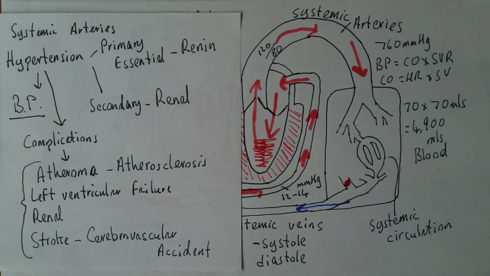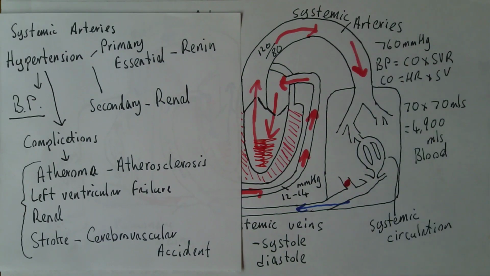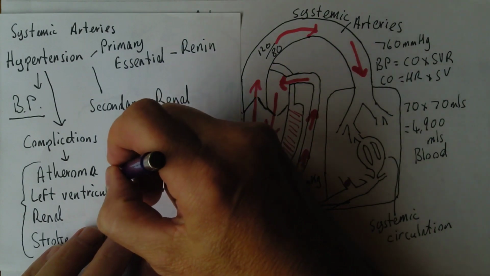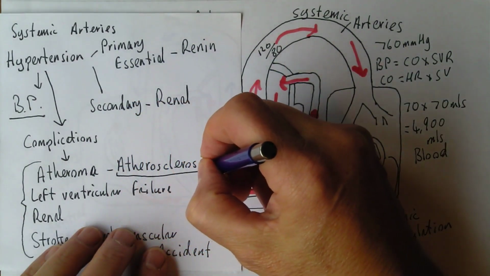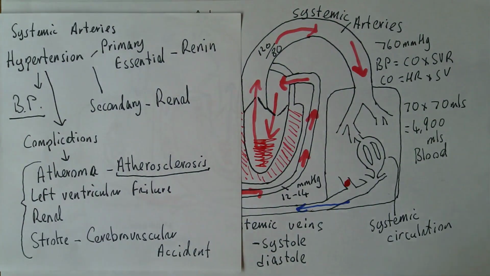The next condition on the next video clip we want to look at, also affecting the systemic arteries, is this disease process of atherosclerosis, which is still one of the major causes of premature death and suffering in the Western world, and unfortunately is becoming more and more common in developed countries as well.